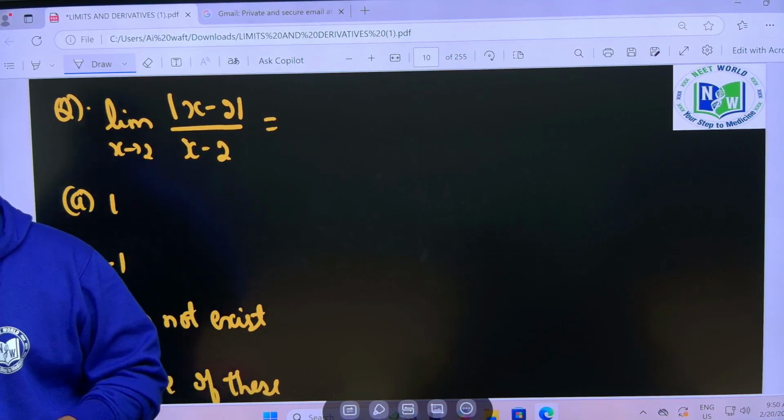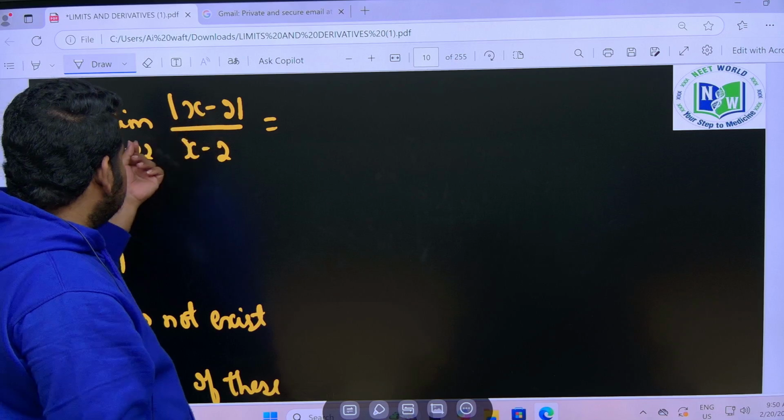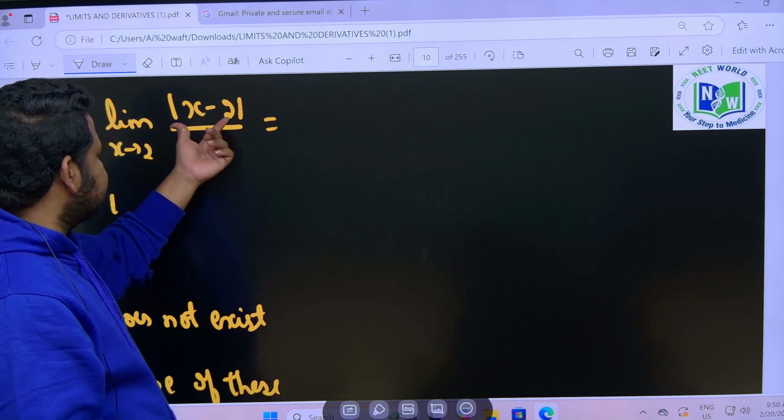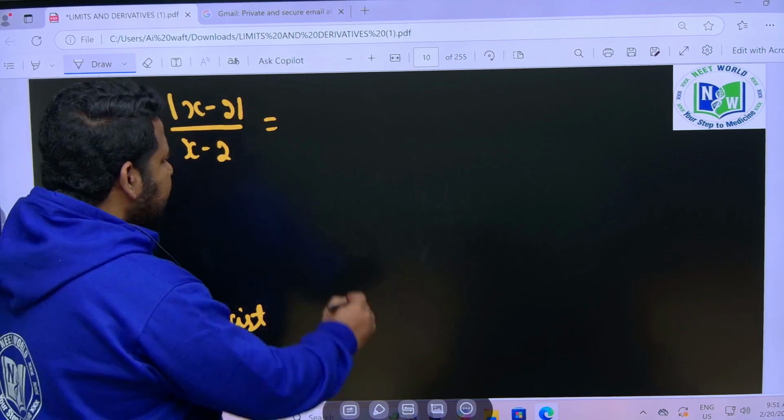They have given limit x tends to 2, modulus of x minus 2 divided by x minus 2, is equal to how much? I'll write it as f of x.